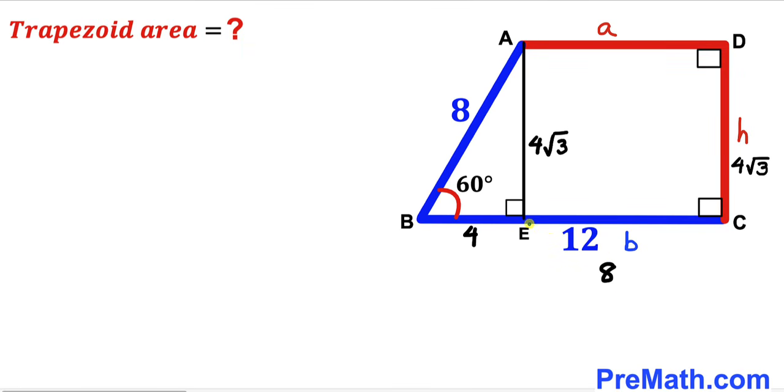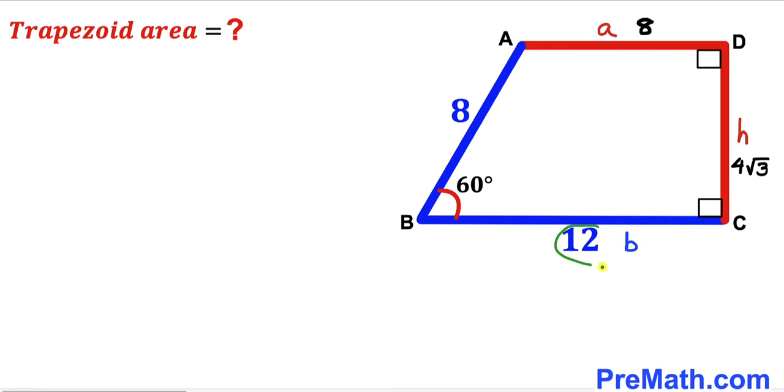Now we can see that the base AD length is equal to segment EC length, and EC is 8 units. So our AD base length turns out to be 8 units as well. Thus our base a value is 8, our height h value is 4 times the square root of 3, and our base b value is 12.